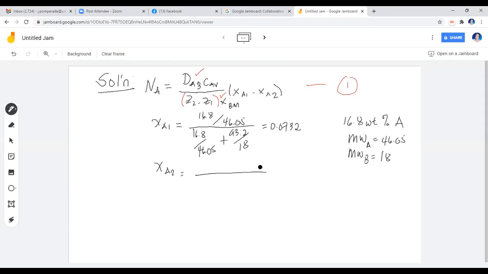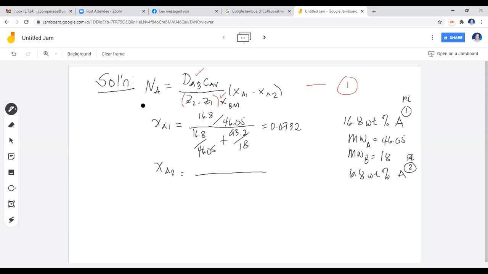So this time, you will have to use the weight percent at point B, which is 6.8. So we have 6.8 weight percent of A. This is at point 1. And this is it, point 2.